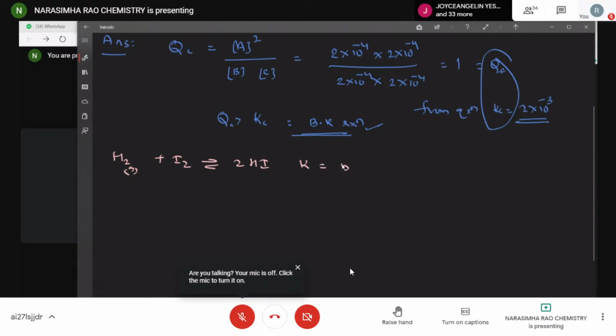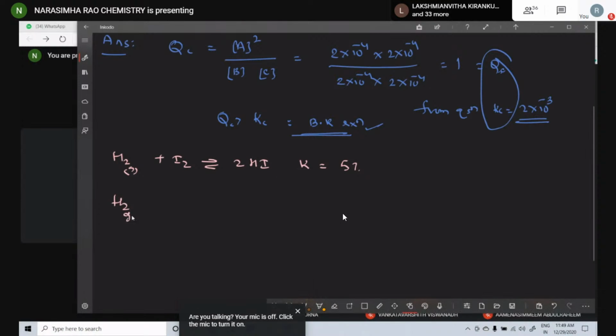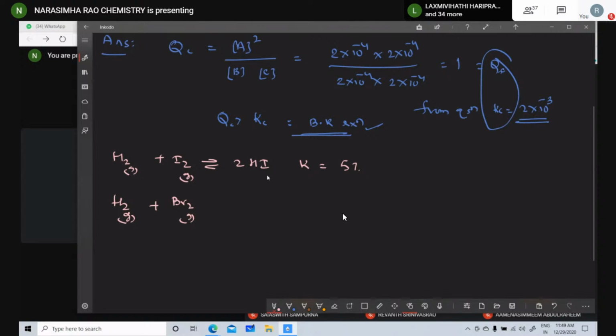K is equal to 57. For the next example, H2 gaseous plus Br2 gaseous gives 2HBr gaseous. Kc is equal to 5 into 10 power 48.